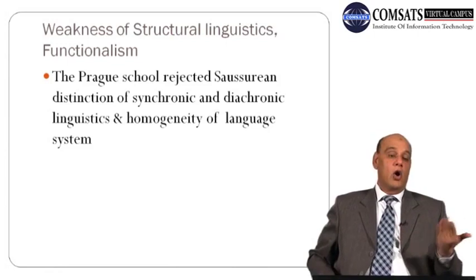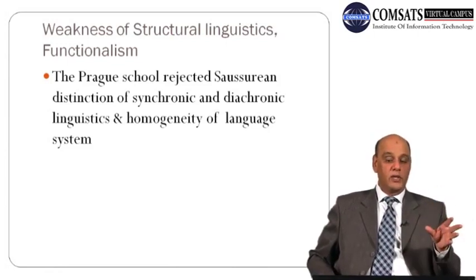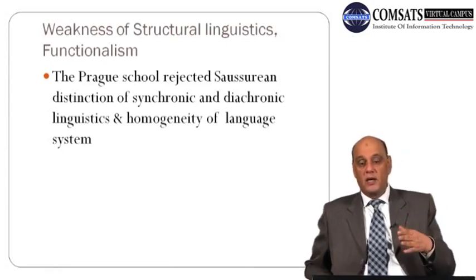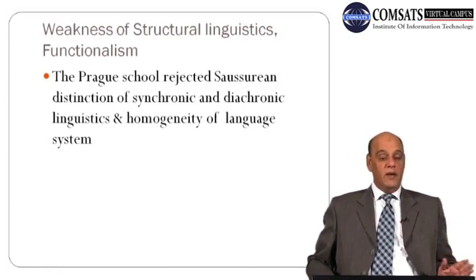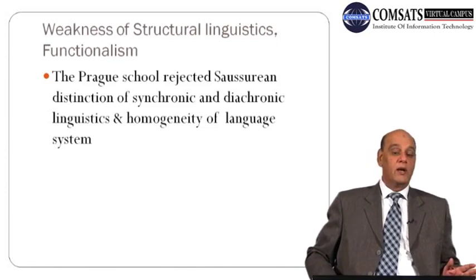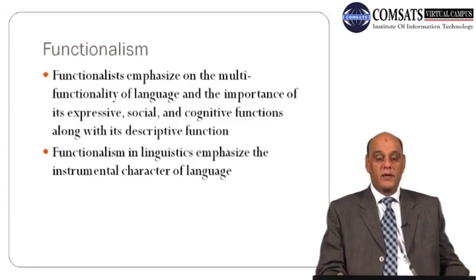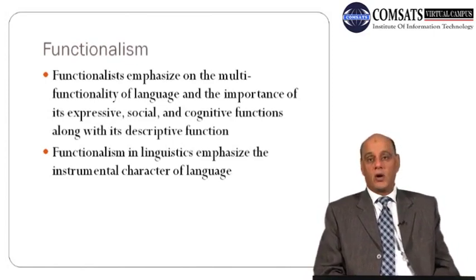You can't call all the languages one language, or call the system of language homogeneous. They gave their own approach. They said that basically you talk about the function of language.